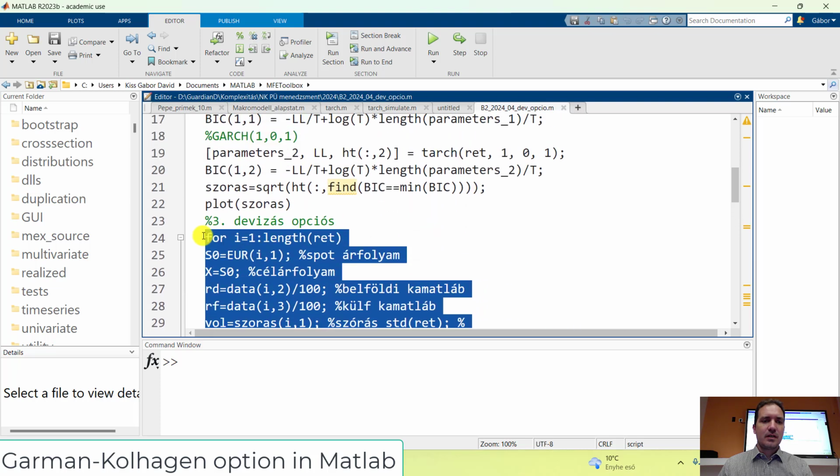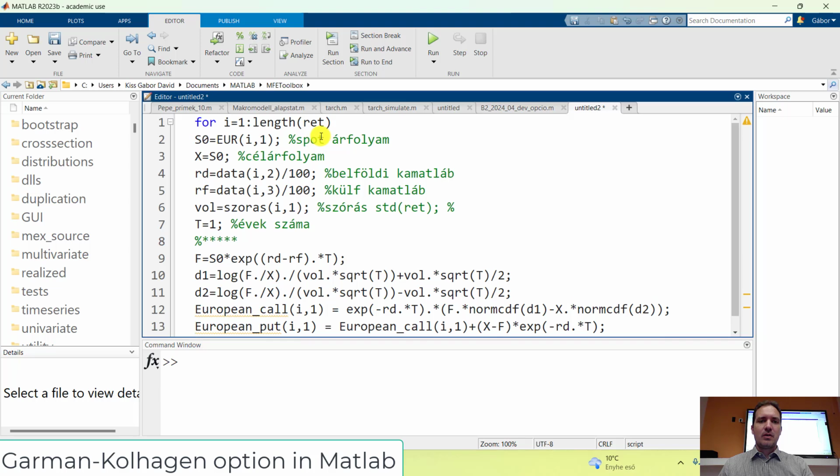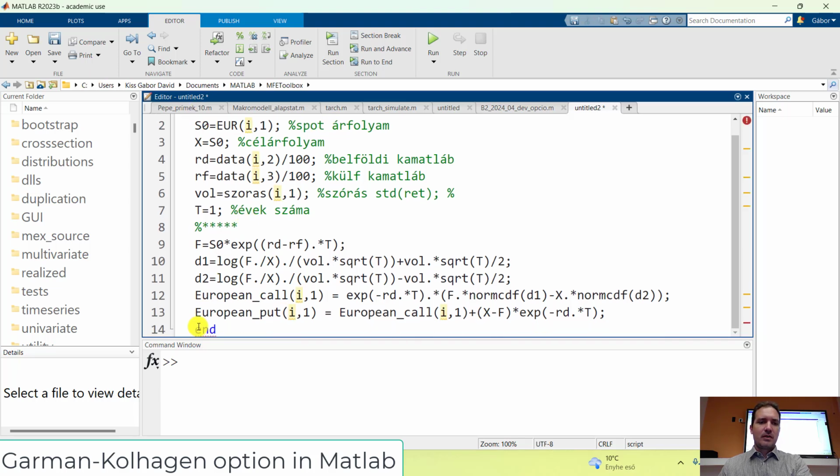So we need such data. Okay, we don't need any for cycles here, just simple stuff.